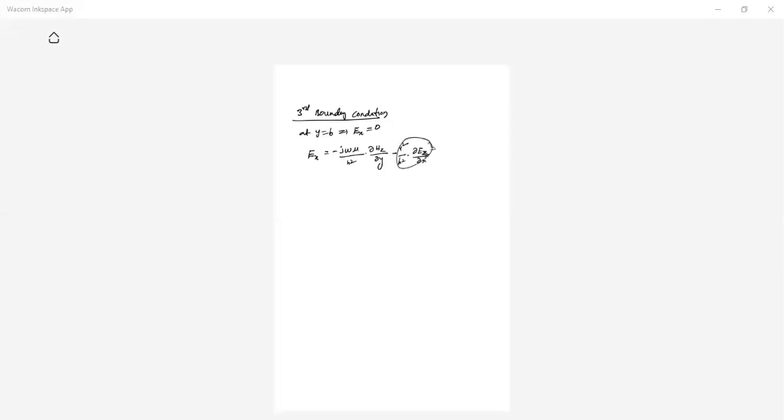This is 0, why? Because Ez is equal to 0. So you can write Ex is equal to minus j omega mu by h square into dou Hz by dou y of Hz. What is the Hz here? Hz is equal to k1 cos bx into k3 cos ay.